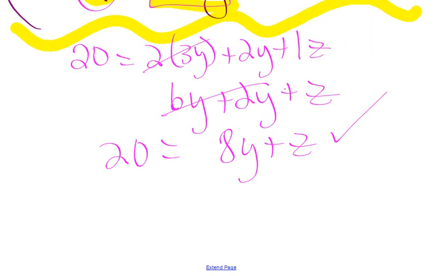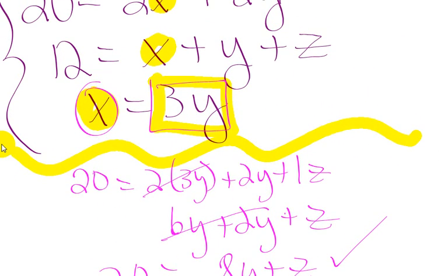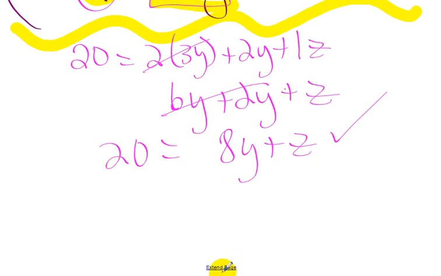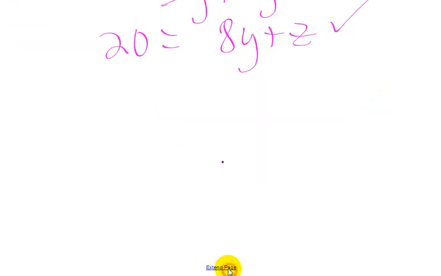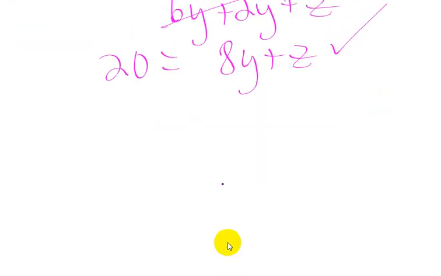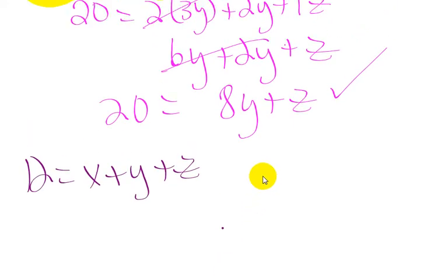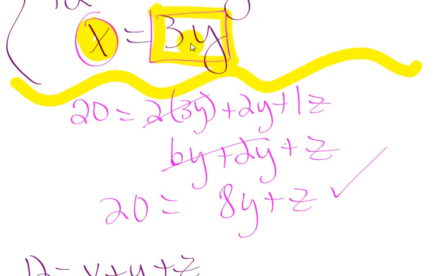Now let's do the same thing for our other equation. 12 equals X plus Y plus Z. And we said that X is equal to 3Y.